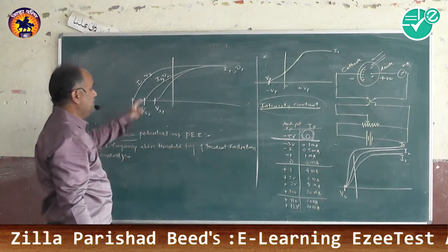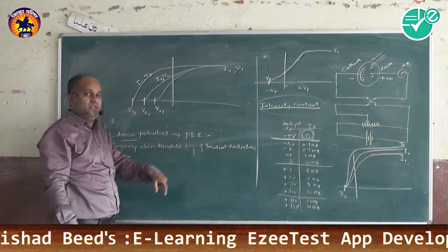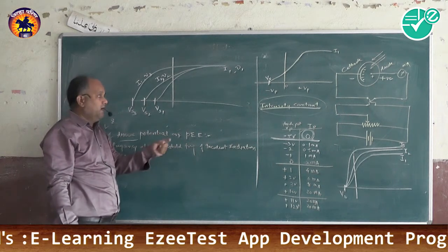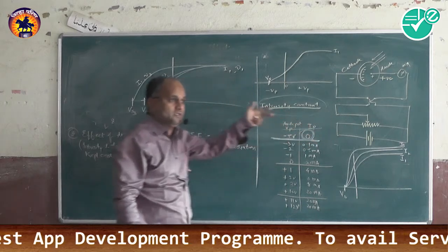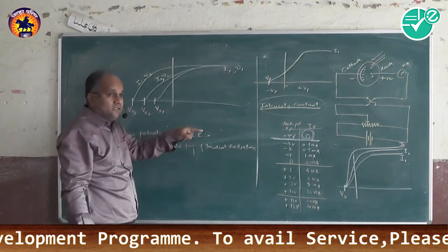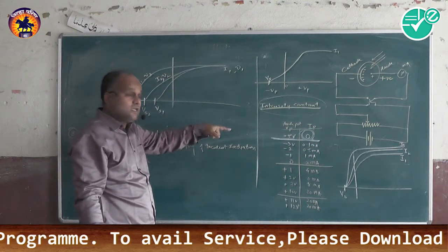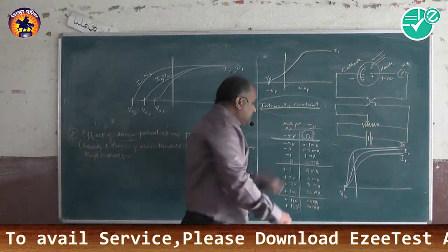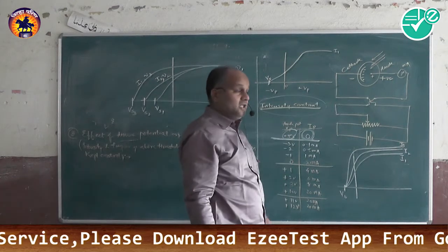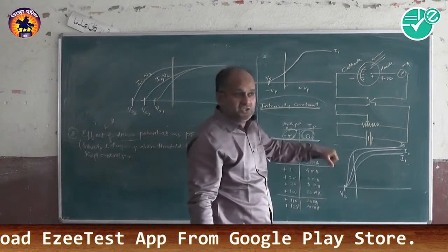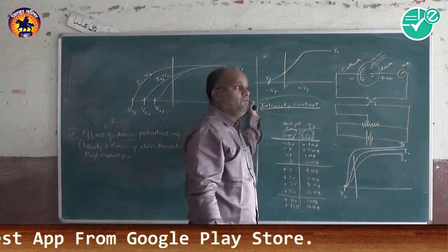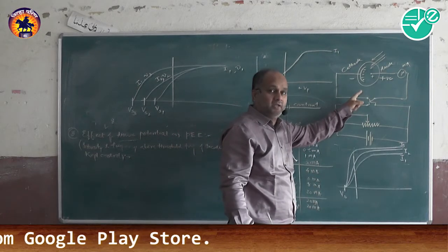Because stopping potential defines the energy of the emitted photoelectrons. As the frequency increases, the energy of the emitted electrons also increases, and that is why at this stopping potential, the repulsive force of the anode is sufficiently equal and opposite to the maximum energy.